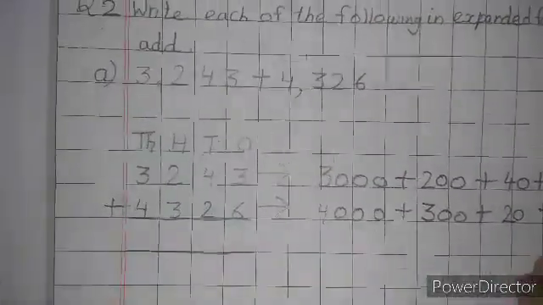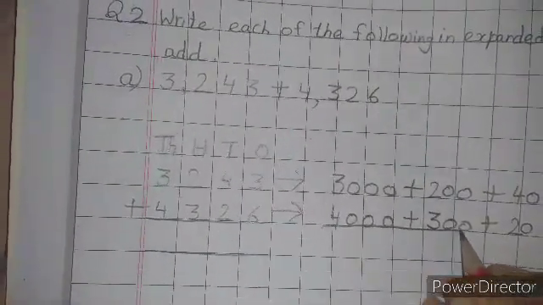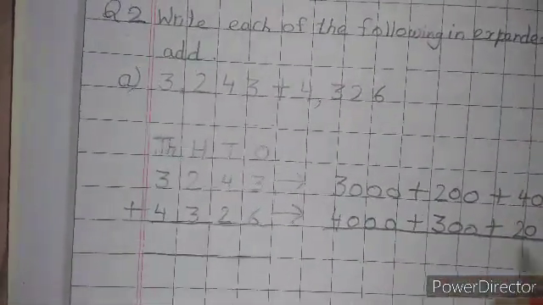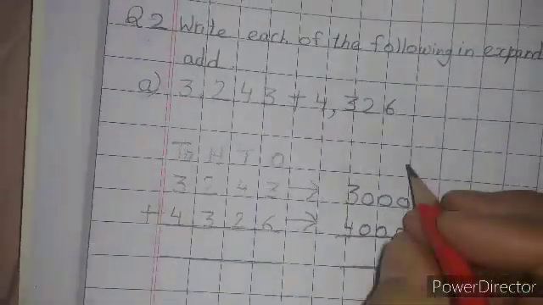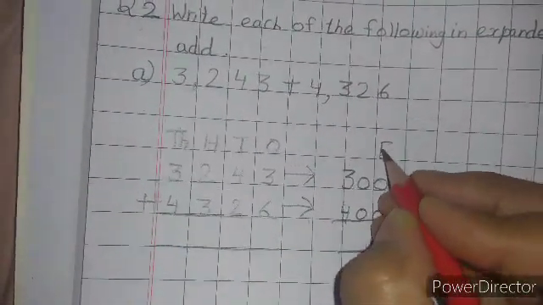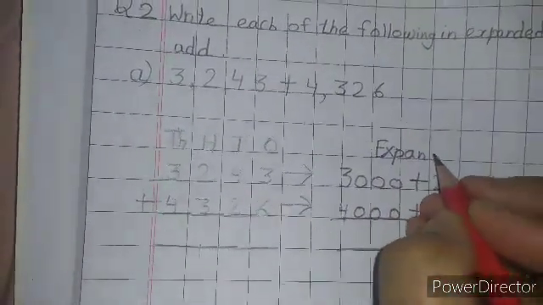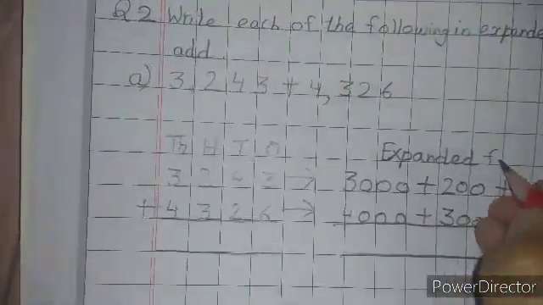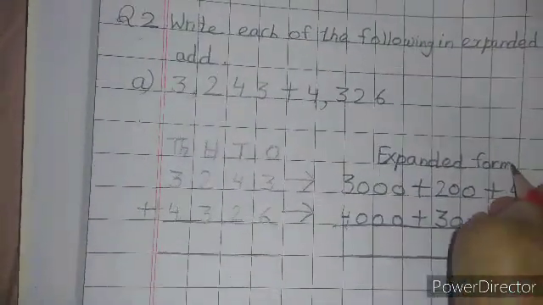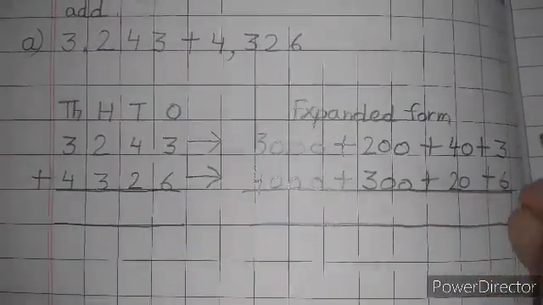For ones it is 6. Write expanded form here. Okay.